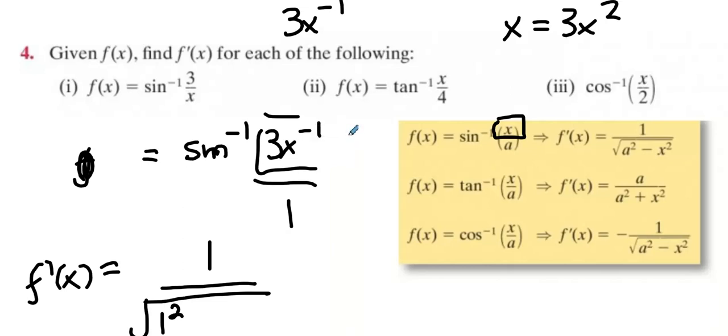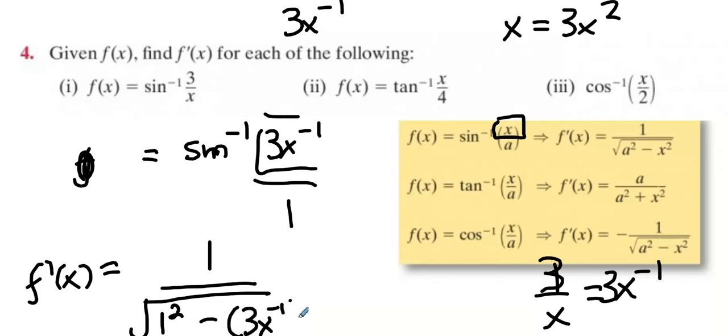It's 3x minus 1. Do you see 1 over x is x to the power minus 1? So 3 over x would be 3x minus 1. Now, we're going to replace the x squared with 3x minus 1. Now, what's the missing part that's not in your notes?